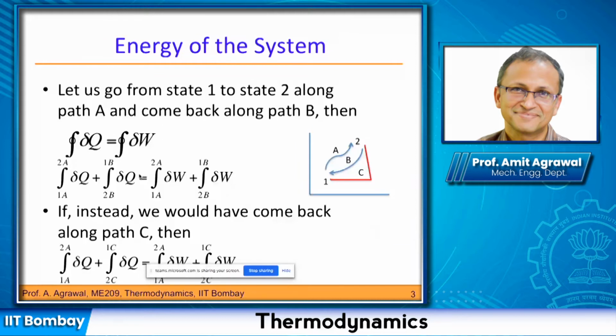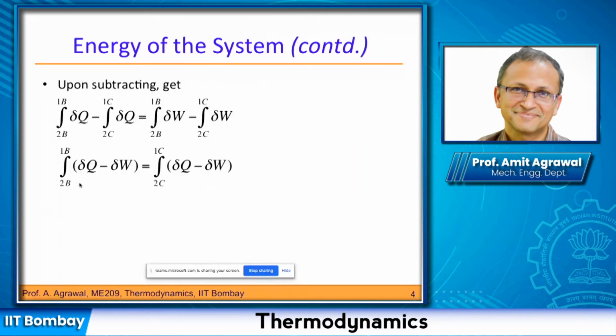Okay? And this led us to the idea of something which is invariant of the path. So heat and work are both dependent on the path, but then we saw from very simple arguments that delta Q minus delta W is now going to be independent of the path.